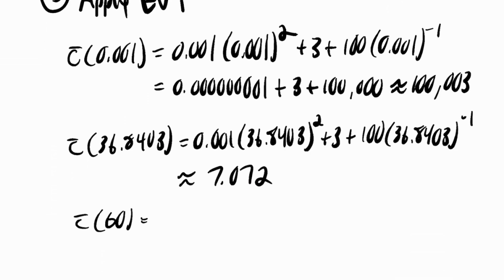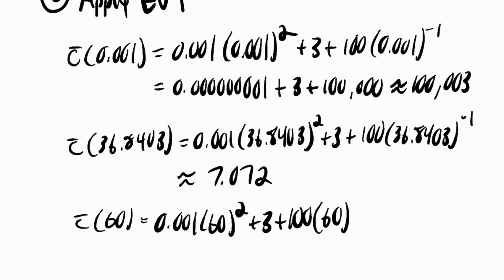And then c bar of 60, this would be 0.001 times 60 squared plus 3 plus 100 times 60 to the negative 1 power. So I'll throw that in my online calculator.